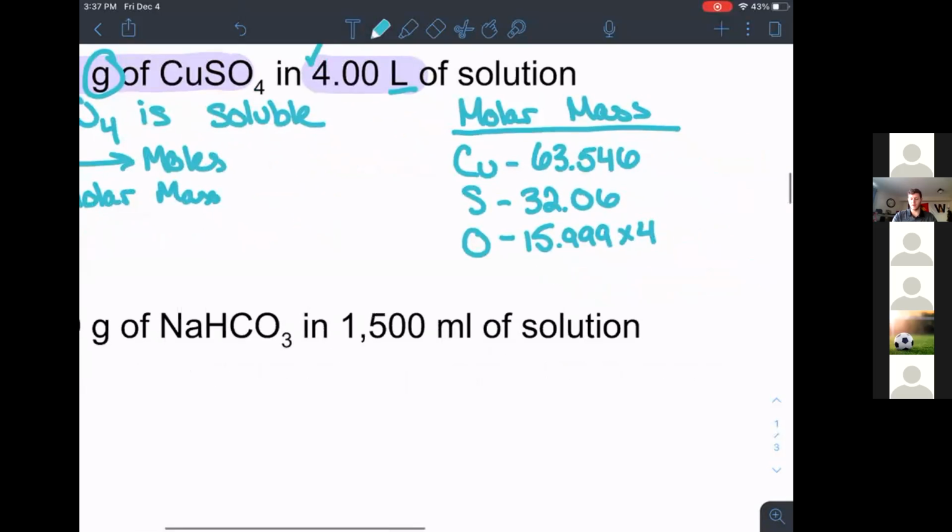Awesome. So we have one copper, which is why we just had that 63.546. We have one sulfur, which is why we have the 32.06. And we have 4 oxygens. That's why we have the 15.999 times 4, because there's 4 of them in our compound. So now we have to add all of our values together to get our total molar mass.